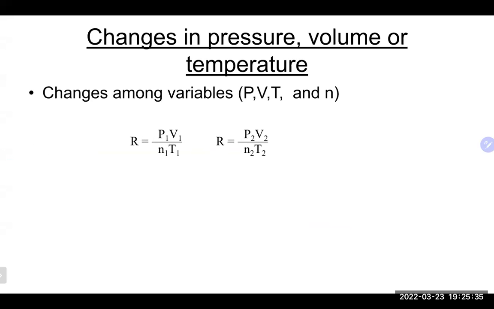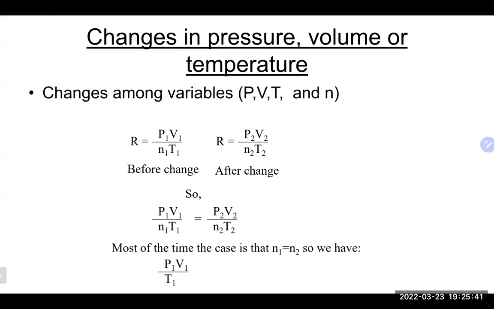So we can look at changes in all three of those variables: pressure, volume, and temperature. If we take the ideal gas law and solve it for R, which is a constant, we end up with this law right here, sometimes referred to as the combined gas law, as it takes everybody into account.